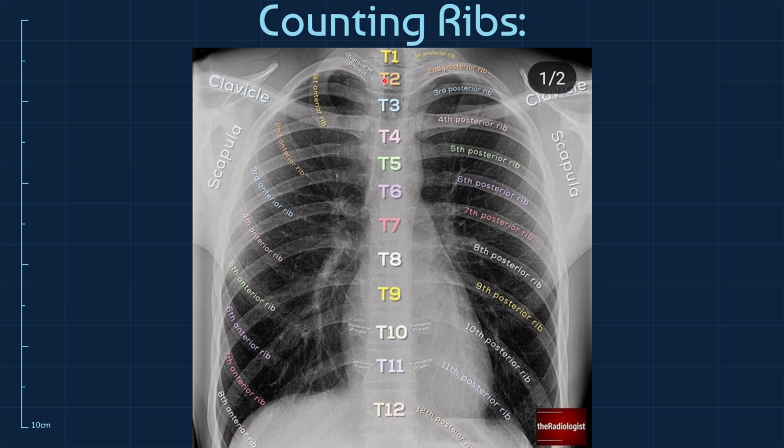And again, you can also follow it all the way from the back and move forward just to know exactly which rib you are by looking at the vertebral body it's coming out of, just to be sure. And if you see it coming sort of upwards or horizontally, then those ribs are the posterior ribs, and they go all the way down this way. So this is actually the anterior portion of the sixth rib going all the way down here, and you can see it over here as well.